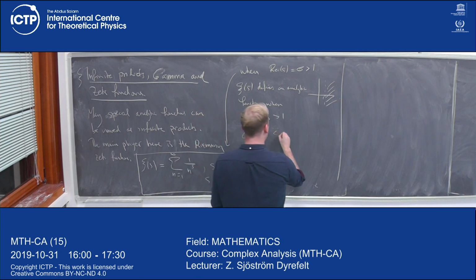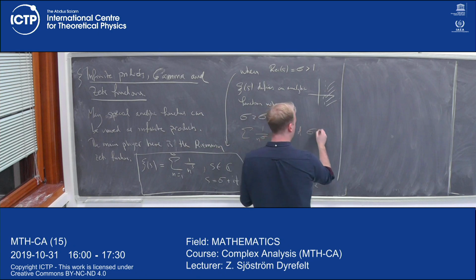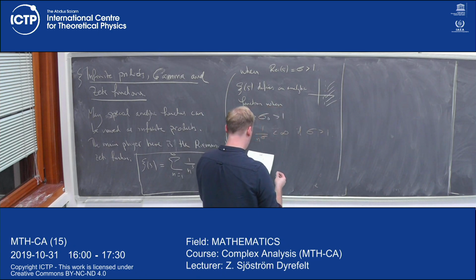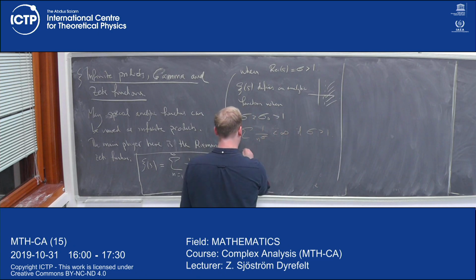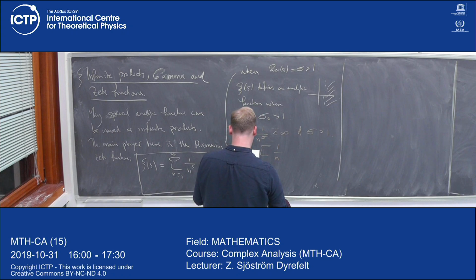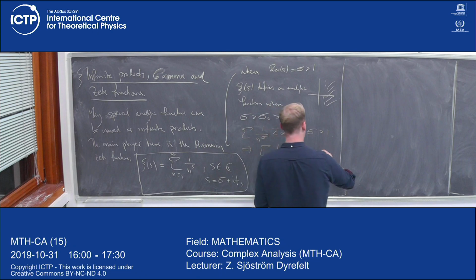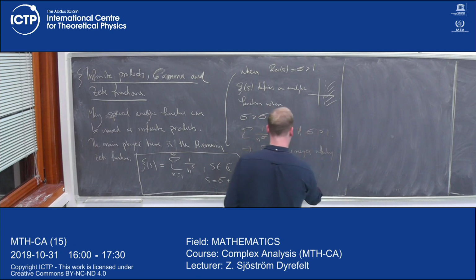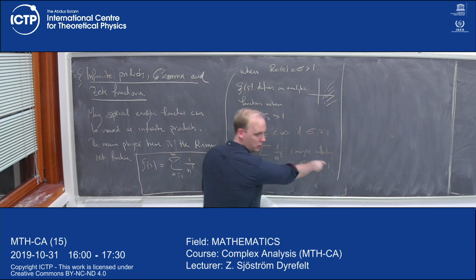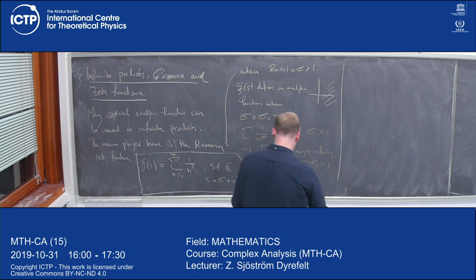So this one is finite if sigma is greater than 1. And this means that this sum of 1 over n to the s actually converges uniformly whenever sigma is greater than some sigma 0 greater than 1. So on some compact, it converges uniformly.